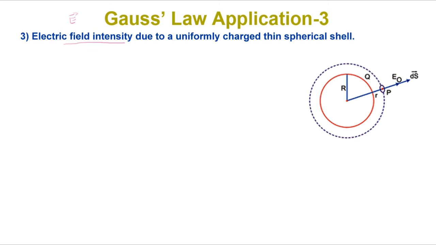At this point P, we have to calculate the electric field intensity, and there are three different steps and three targets. First, at this point P, what is the electric field. Then the second one is on the surface, what is the electric field.